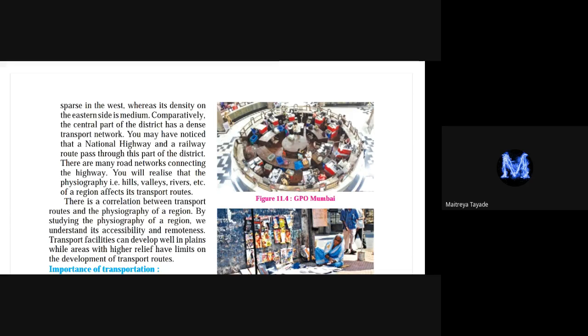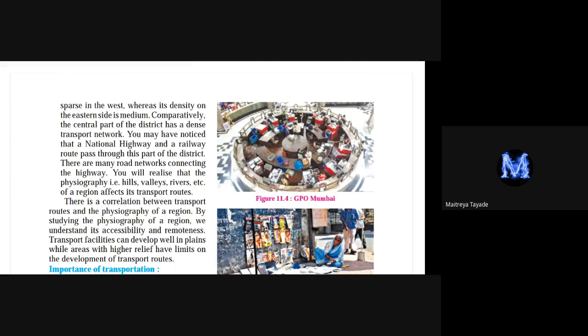If that area is a hilly region, if there are different elevations, many valleys, many rivers, any reservoir, you have to consider this physiography, which decides whether we can develop a transport route in that area or not.